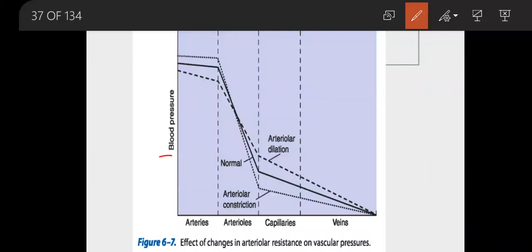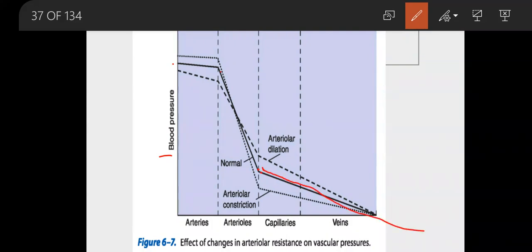So in the arteries, the blood pressure is at its highest, and the massive and highest drop occurs in the arterioles because they have the highest resistance. So the massive drop occurs, and then it steadily drops equally in the capillaries, the venules and the veins.